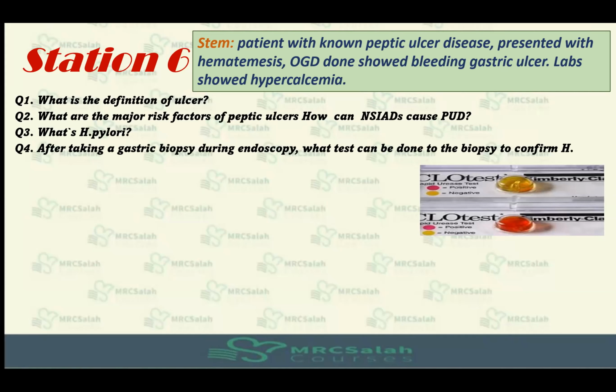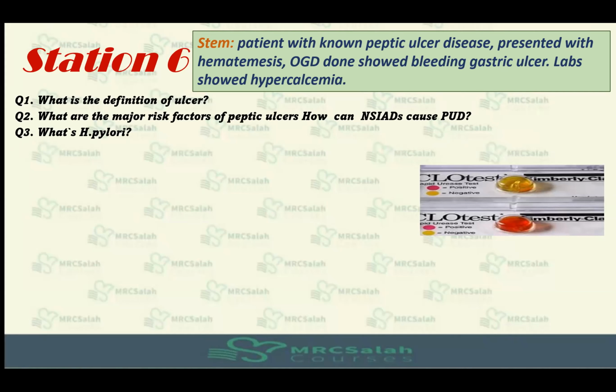Okay, so what are the major risk factors of peptic ulcers? H. pylori, non-steroidals and smoking. Can you tell me how can non-steroidals cause peptic ulcer? Local irritation by non-steroidals, interfere with the mucosal protective barrier of the stomach.